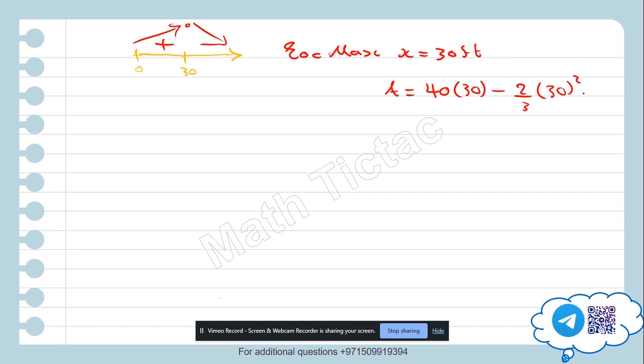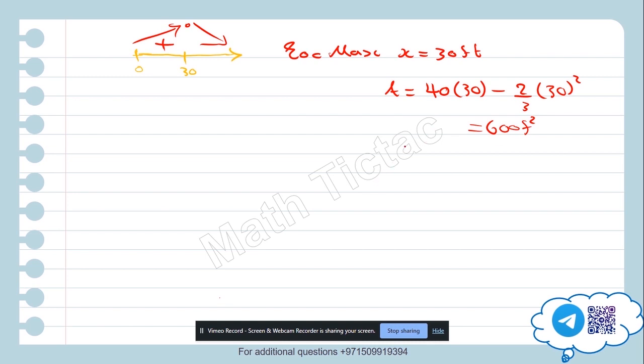I'll calculate that directly in the calculator. So 40 multiplied by 30, then minus 2 over 3 multiplied by 30 squared. So this is equal to 600 feet squared.